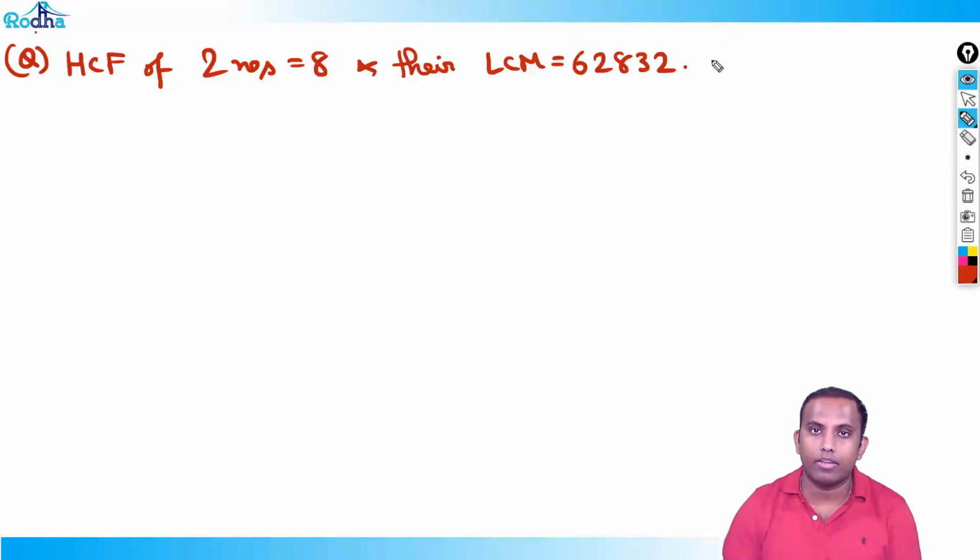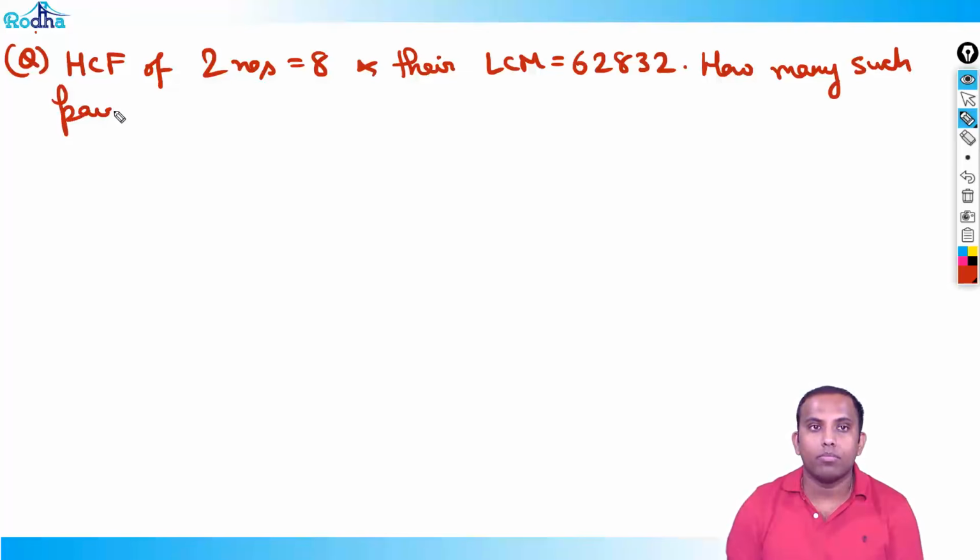So how many such pairs of numbers are possible?